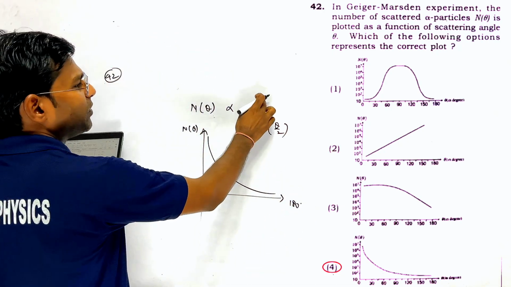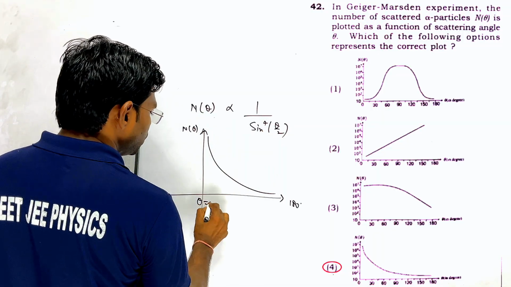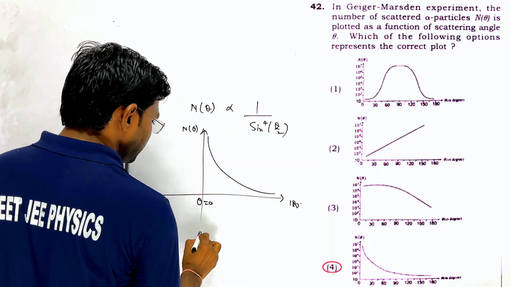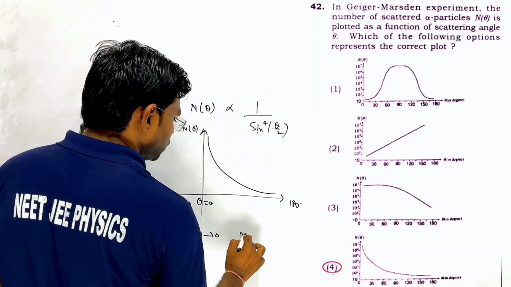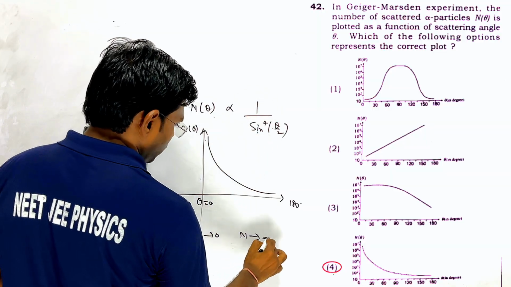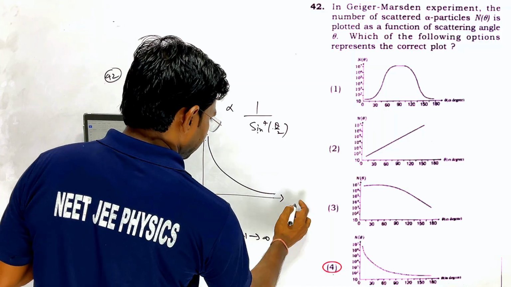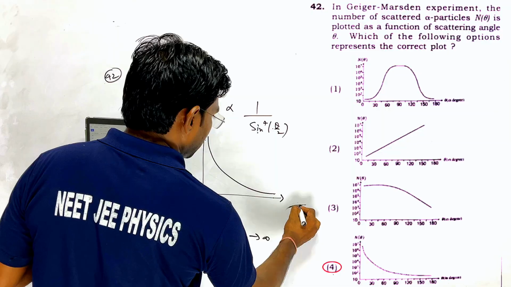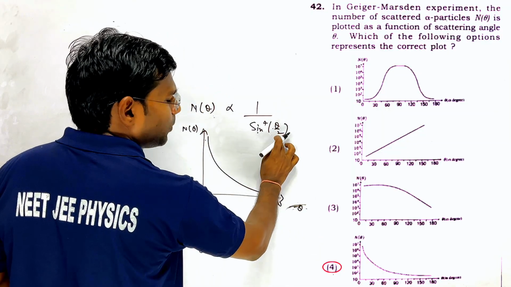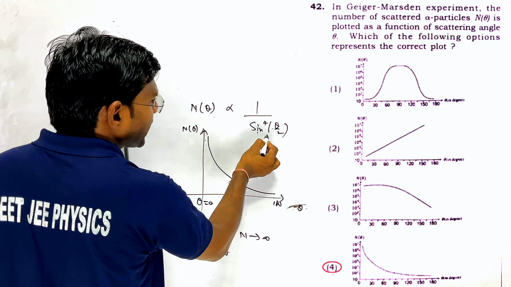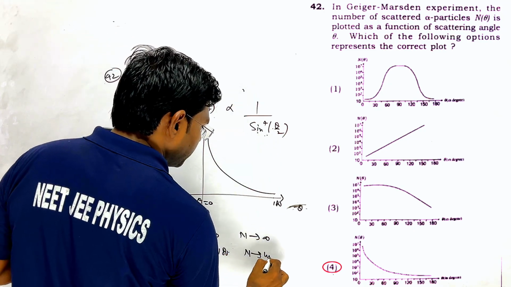If it is inversely proportional to sine raised to the 4 theta by 2, and if theta is 0, sine 0 is 0, so 1 upon 0 is infinity. So the number of particles tends to infinity. If theta tends to 180 degree, theta by 2 is 90, sine 90 is the maximum value, and therefore N is the minimum.